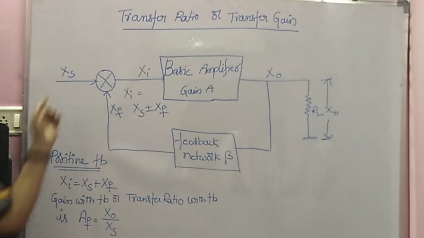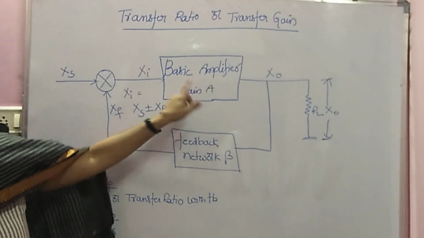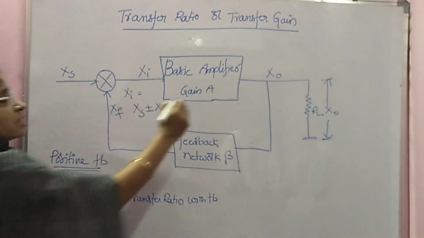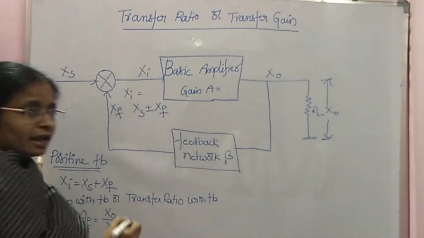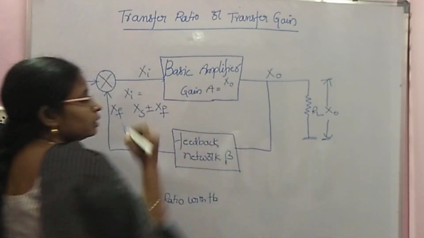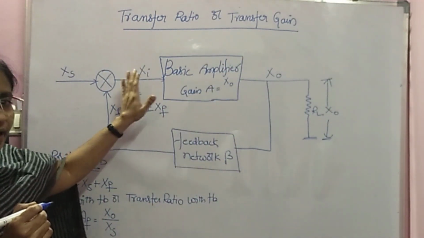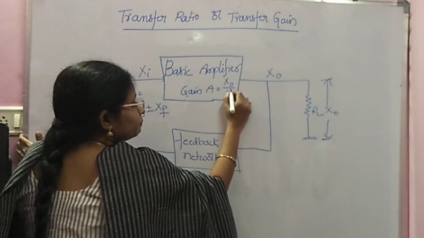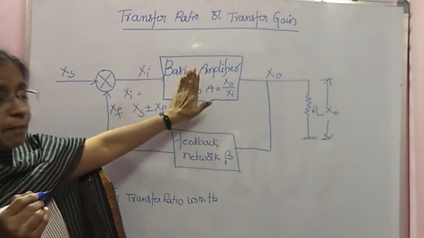See, what is this gain A? It is the gain of the amplifier without feedback. What is the output of the amplifier? X naught. What is the input of the amplifier? Xi. So what is gain? Output by input. So X naught by Xi. This is for the basic amplifier.